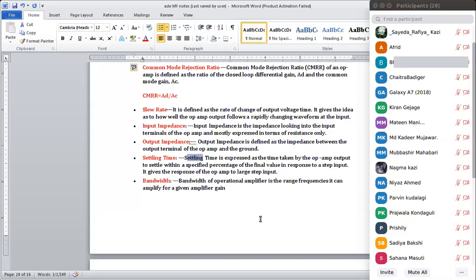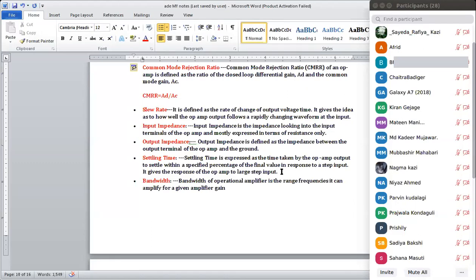Suppose the output varies from 0 to 5 volts. If I change the input from 0 to 3 volts, that has to be reflected at the output, so instead of 0 it should show 3 volts.